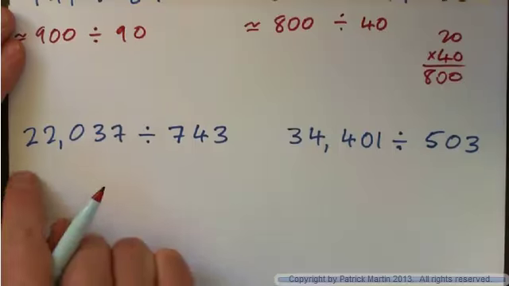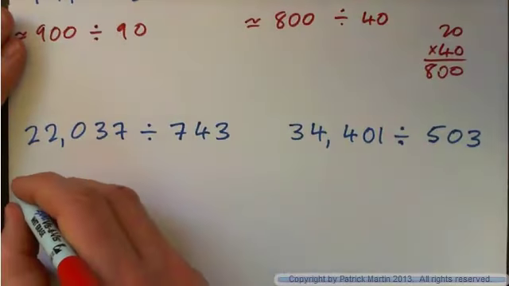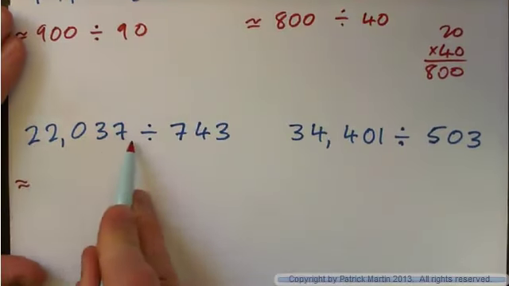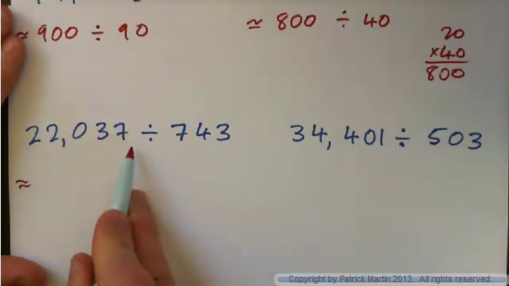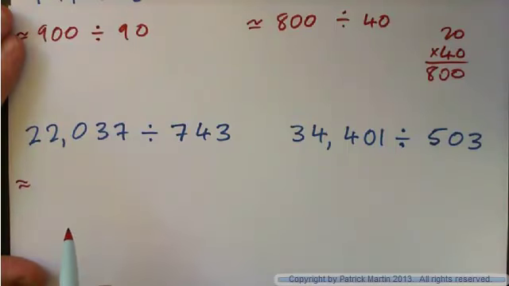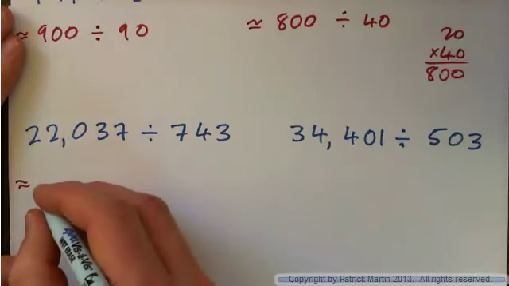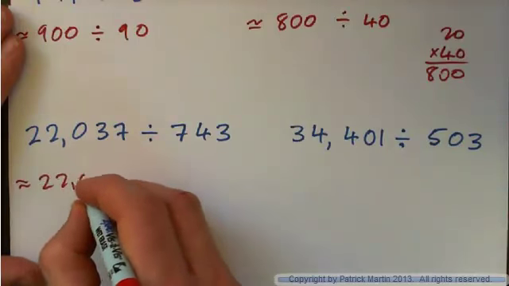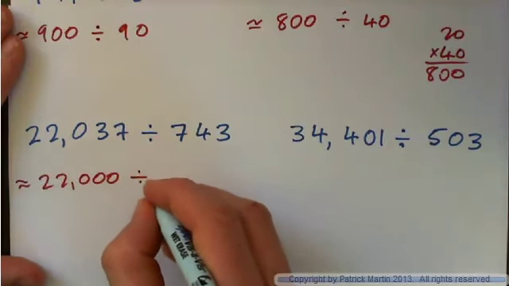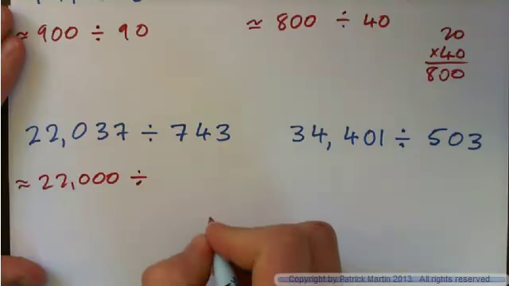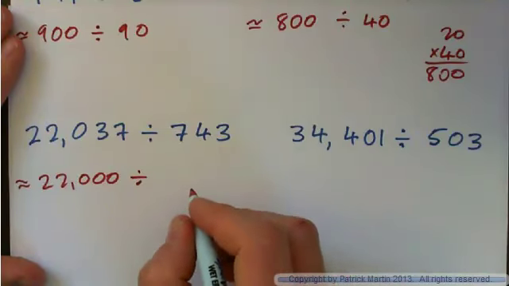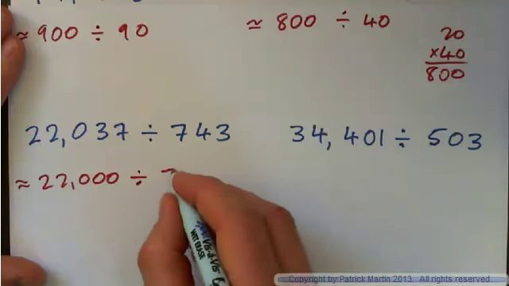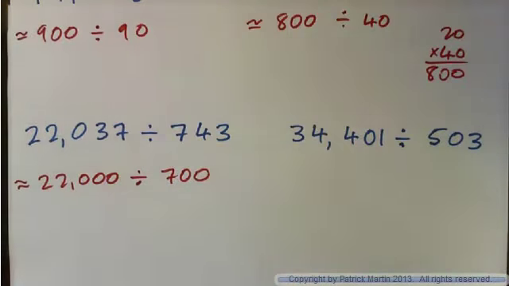So this one, what will we do? I would say round this one to the nearest 1,000, so we've got 22,000 about. And round this one to the nearest 100, what do you get? 700. Now what are we going to do?